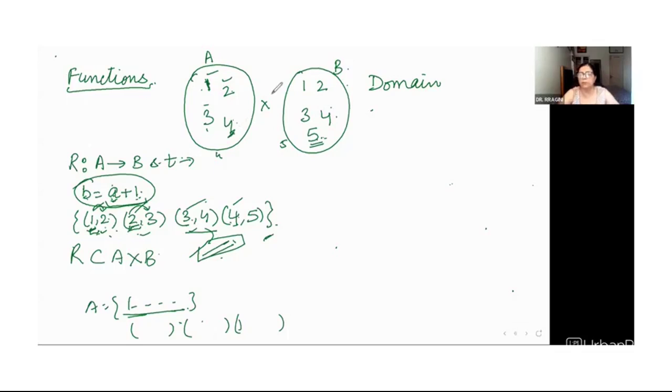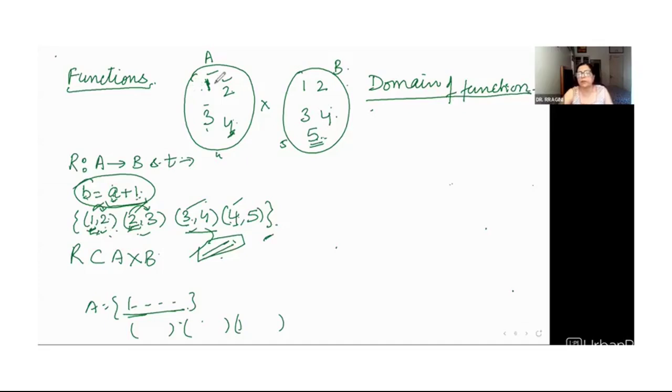That was the domain. But in case of the domain of a function, what is the difference? The definition remains the same, as in a relation, the set of first elements. But in a nutshell, if all the elements of the first set have to be used, we can simply say the whole first set is the domain of the function.